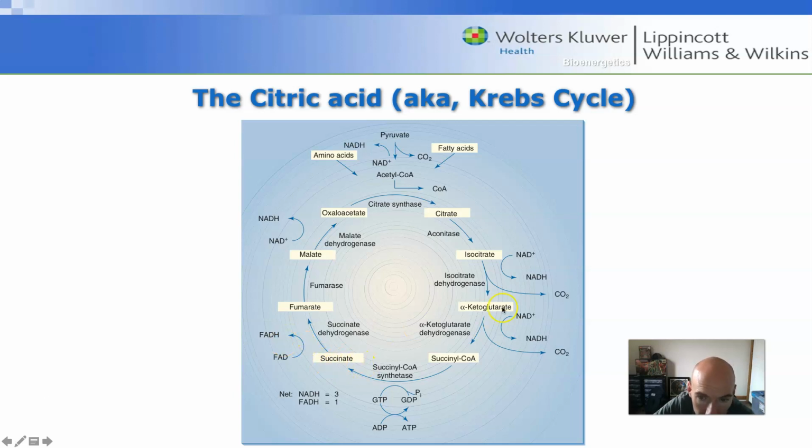Now, FADH, NADH, basically the same thing. The only difference is we get a little bit more ATP from one. Don't worry too much about that now either. Just kind of know they do the same thing. And then lastly, we have malate dehydrogenase. Again, it removes the hydrogen from the malate molecule, okay?